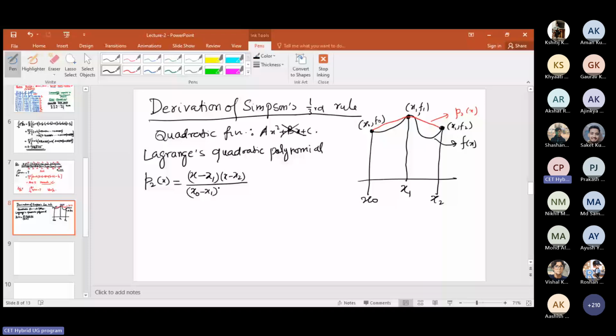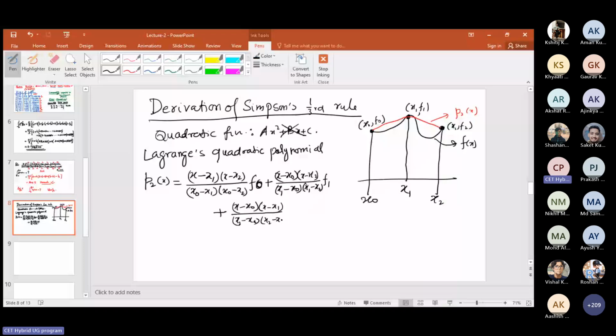If you notice, it is a quadratic because two linear terms are multiplied, and here the value is f0, that is f at x0, plus (x minus x0)(x minus x2) divided by (x1 minus x0)(x1 minus x2), f1, plus the last term (x minus x0)(x minus x1) over (x2 minus x0)(x2 minus x1), f2.